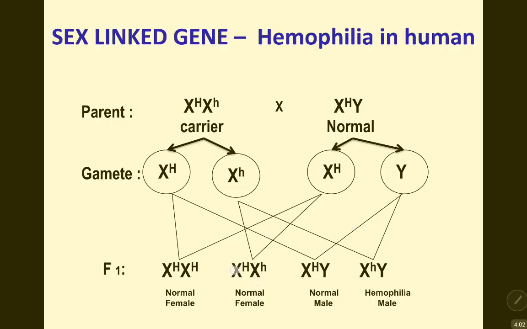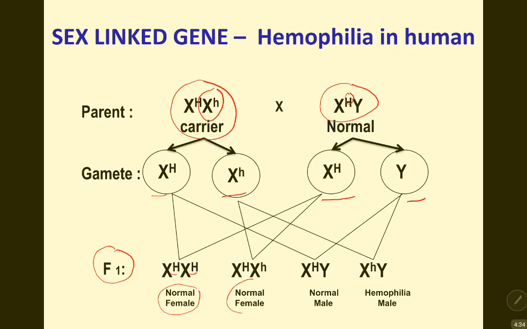For example, if the mother is a carrier, carrier means that the phenotype is normal, but the genotype carries one hemophilia gene, but she herself is healthy, and the father is normal with the big H. In the F1 generation, this is a normal female with both big H. This is also a normal female, although she carries one recessive allele, but we consider her a carrier.